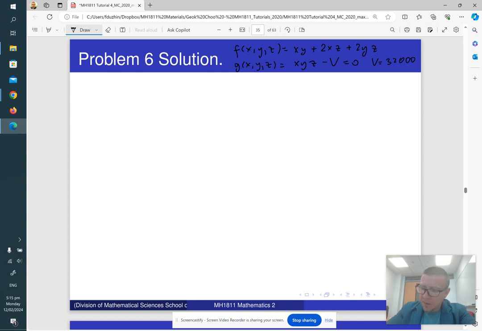It's just easier to write V. Okay, so now let me just solve it using the method of Lagrange multipliers. So the Lagrange function is xy plus 2xz plus 2yz minus lambda times (xyz minus V).